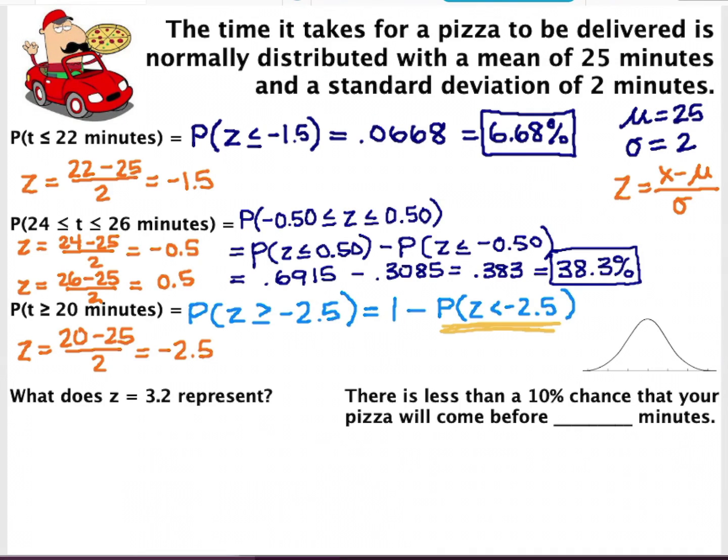And less thans we can do using that chart. It actually really doesn't matter that it's not less than or equal to. We're just talking about the area under that curve, so we don't need to worry about when the value is equal to negative 2.5. So we'll go to the chart now and we'll find the probability that z is below negative 2.5.